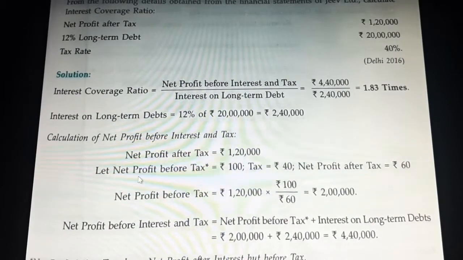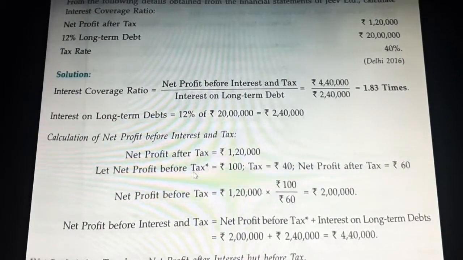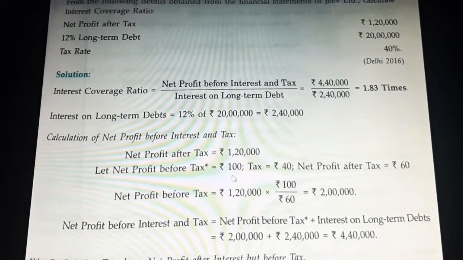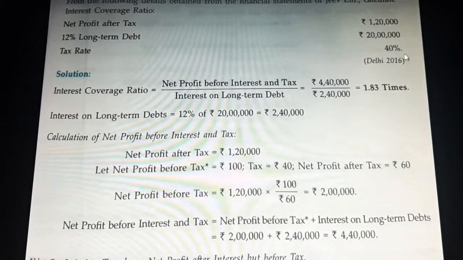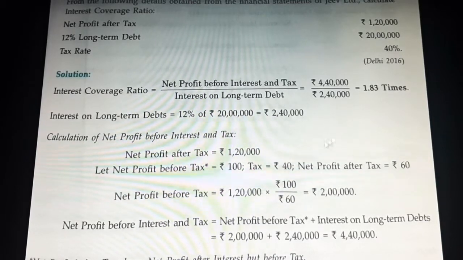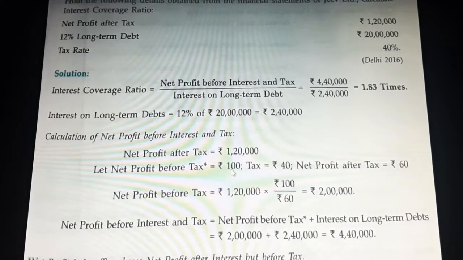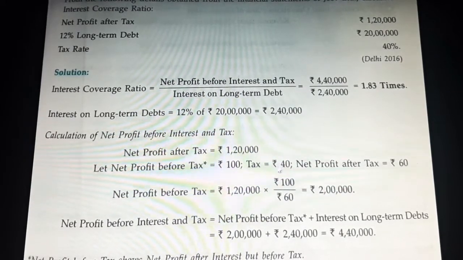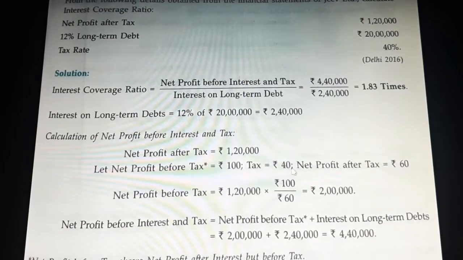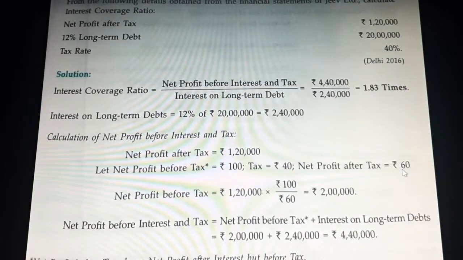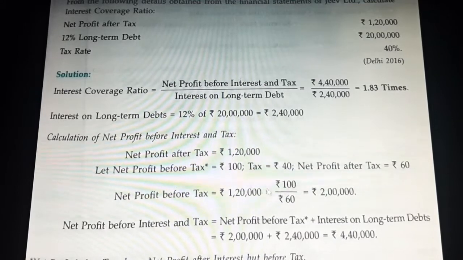So the profit before paying the tax is 100, we have assumed it. Tax rate is given to you as 40, so tax is 40. Your profit is 100, your tax you are paying is 40. So what is the profit left after paying the tax? It's 60 rupees. Is it clear?